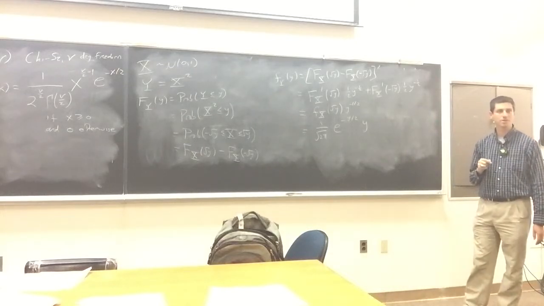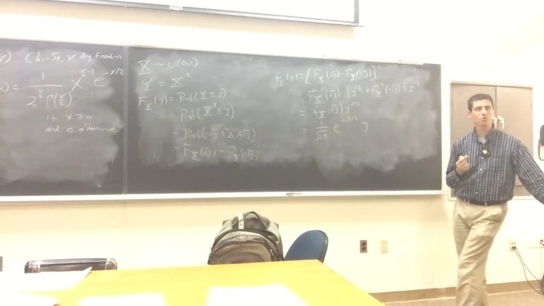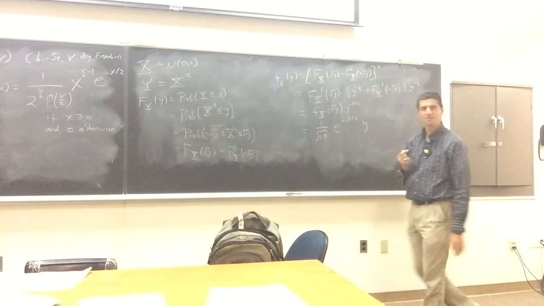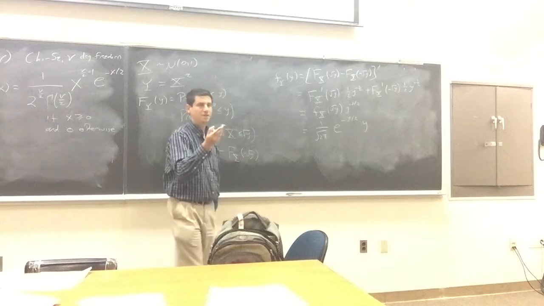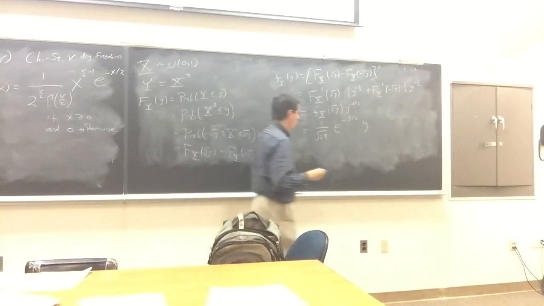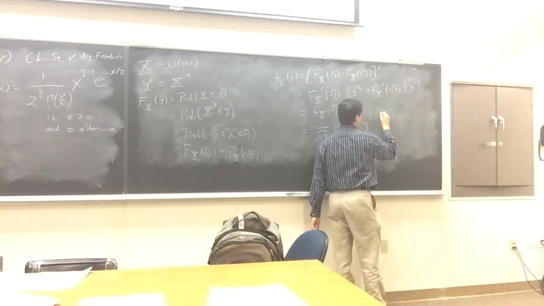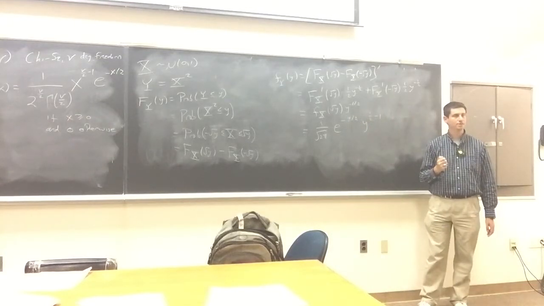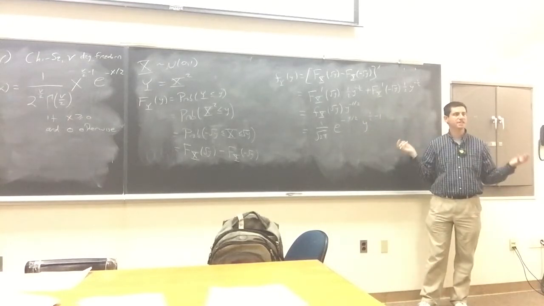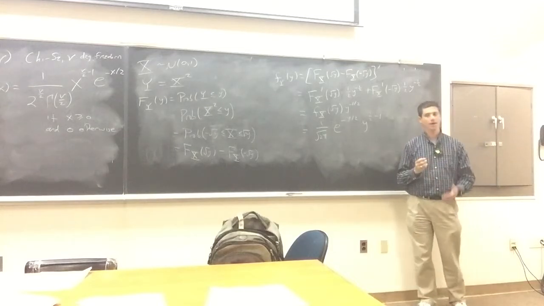How do you think I want to write y to the minus 1/2? Like y to the 1/2 minus 1. Because everything we've been doing today, if it's the gamma function, we want a minus 1.